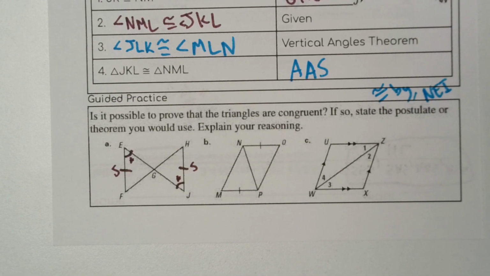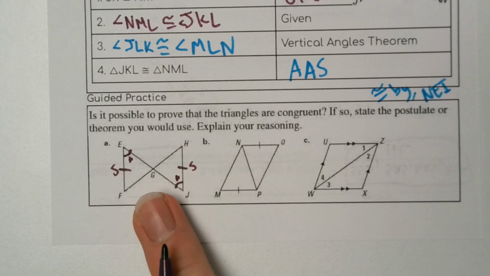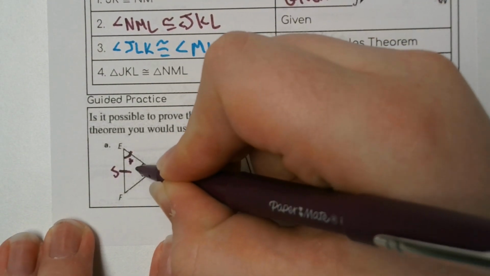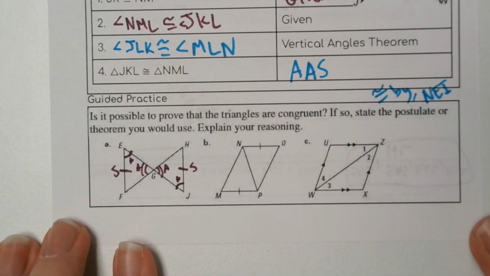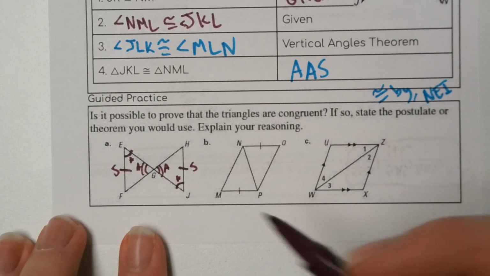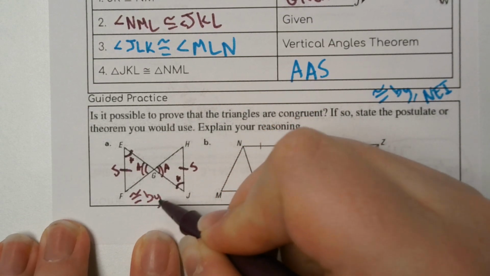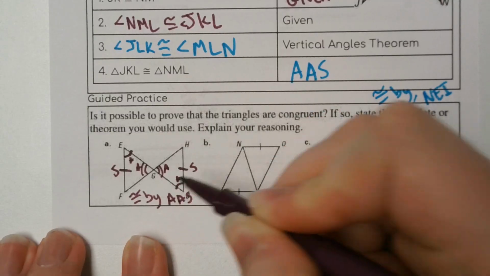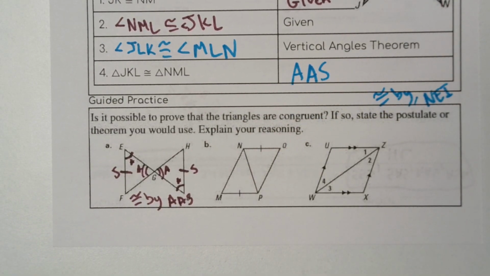Not on this one. Do we have any vertical angles? We do. So this angle is vertical with this angle. So therefore, we are congruent by what? AAS. Good. Because that side's on the outside of the two angles, not the included one. So it's AA, then S on the outside.